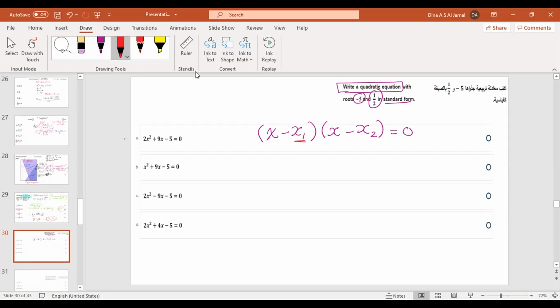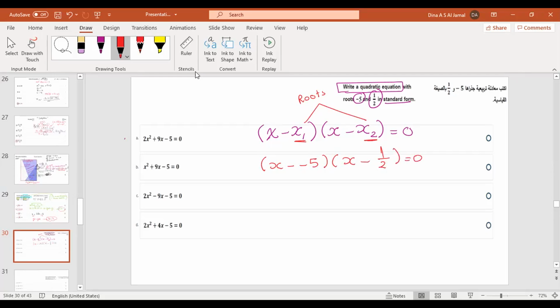Your x1 and x2 are the roots that he gave you already. So x plus 5, x minus half equal to 0.